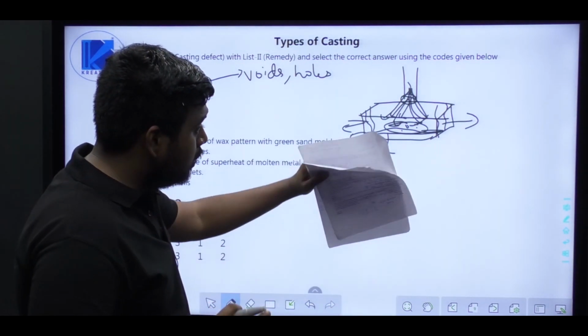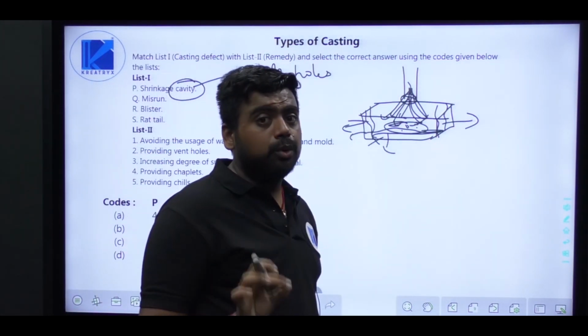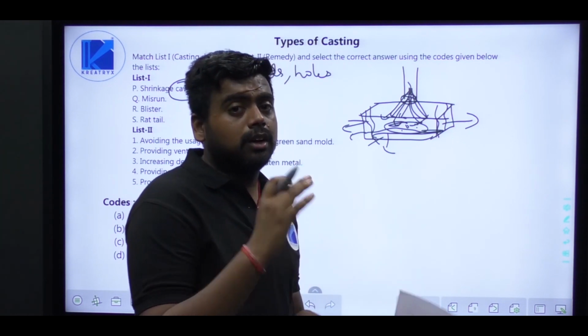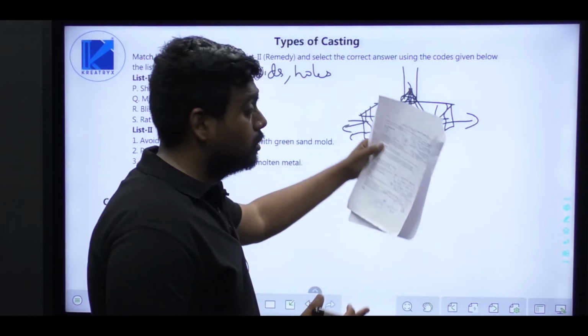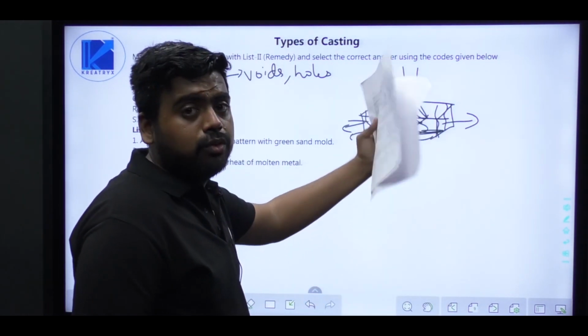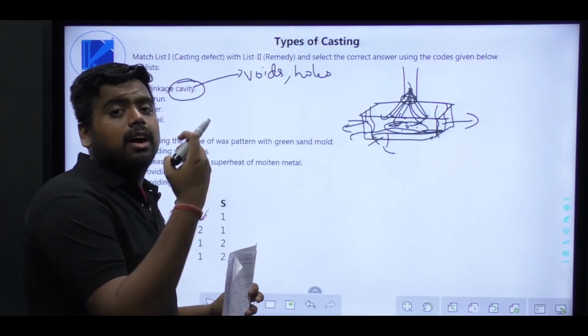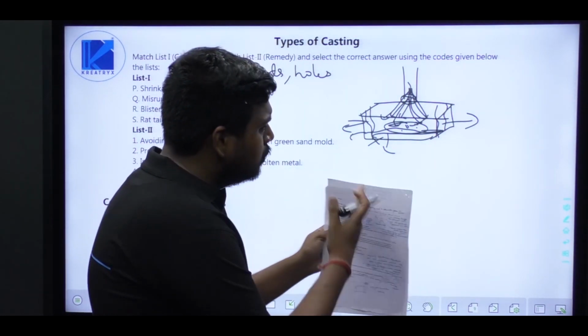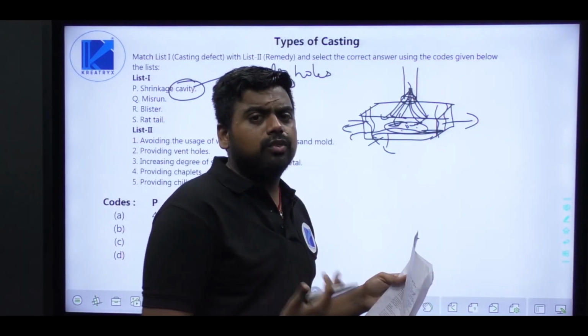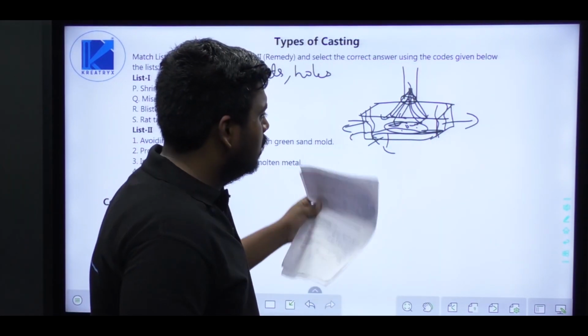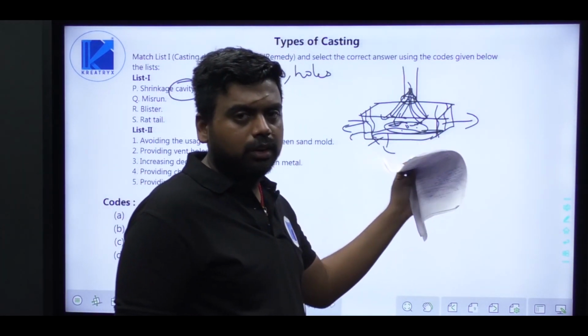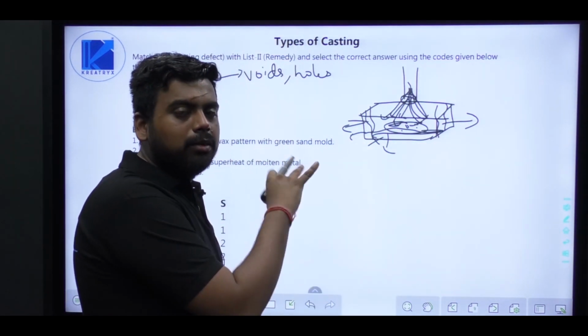Since, as you have already come to know, the phenomenon of voids is taking place due to the very fast thermal gradient existing in this casting, if we provide a metal or any substance which can provide a uniform rate of cooling to this casting, this phenomenon of shrinkage cavity or voids can be solved.